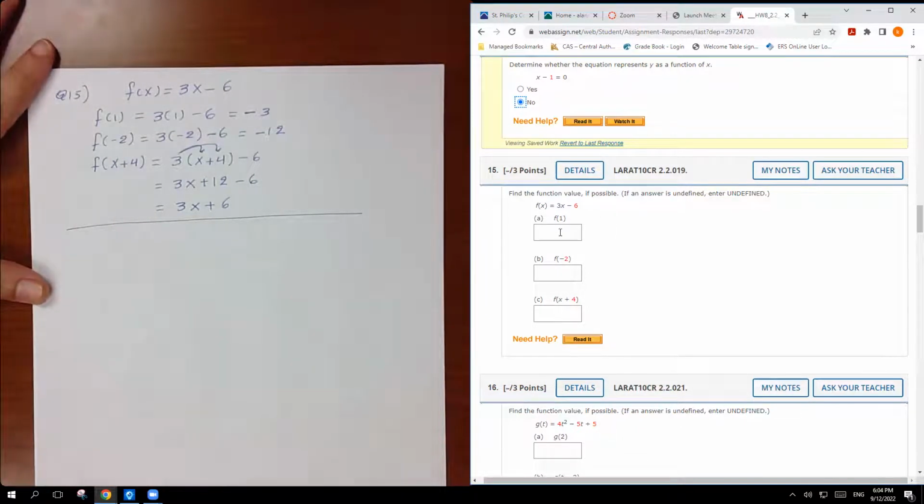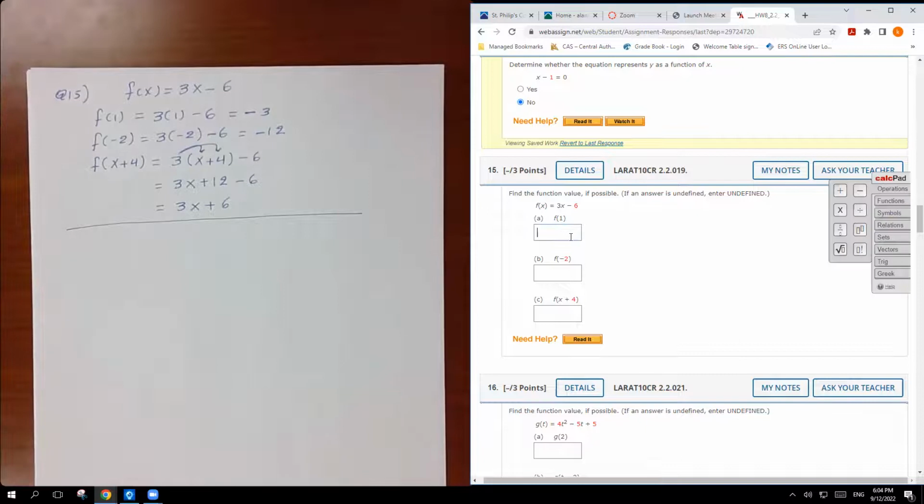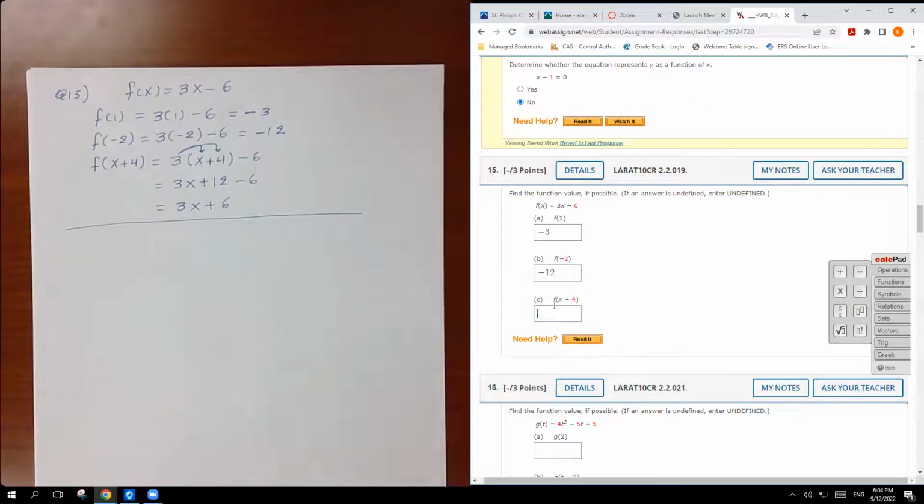Let's keep going. So we're just going to plug in here -3, and here -12, and here we're going to say 3x plus 6. That's it for this one.